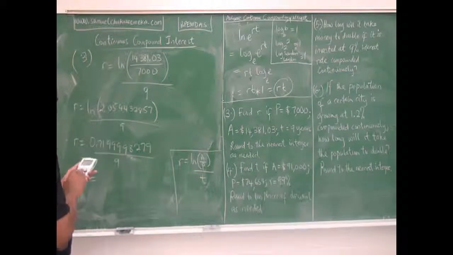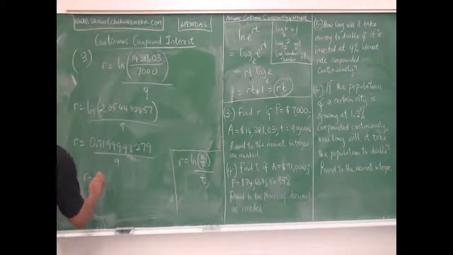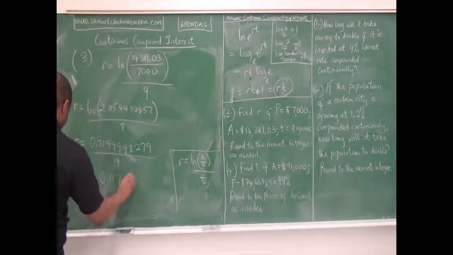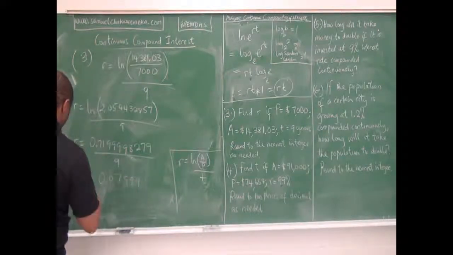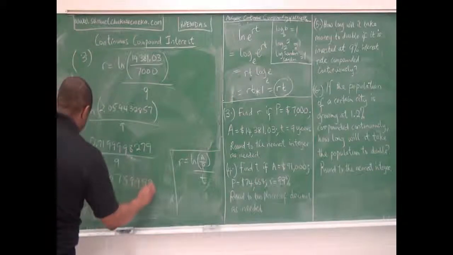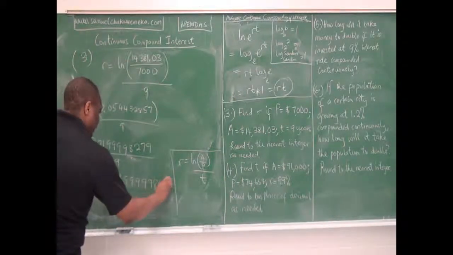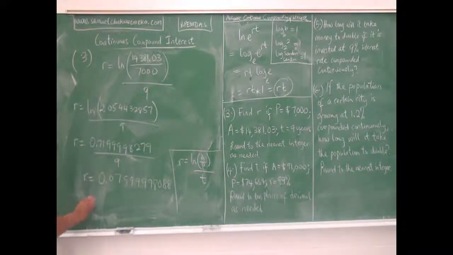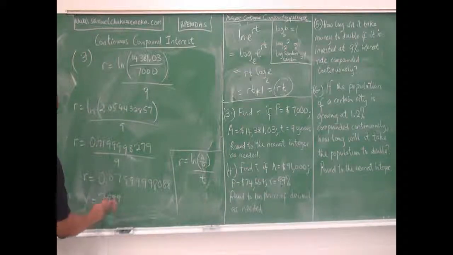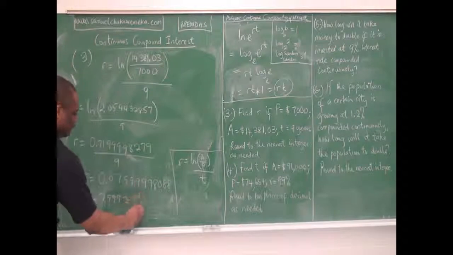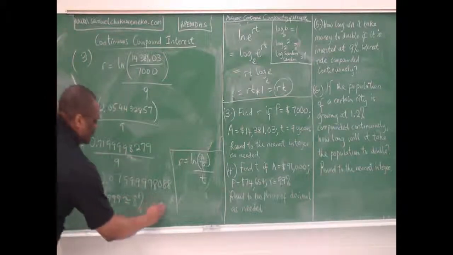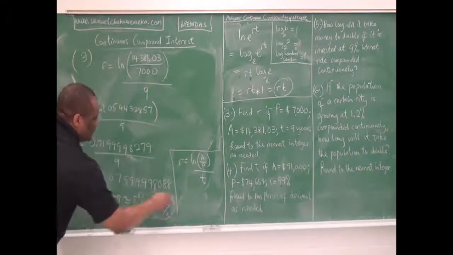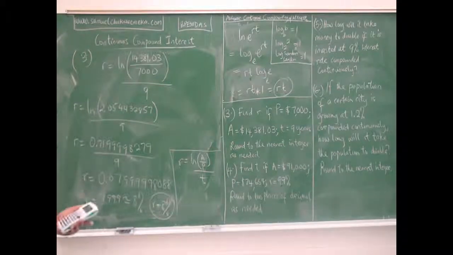Then divide by 9, which is 0.07999. Now multiply it by 100. It will be 7.9999. So approximately 8%. Okay, R is 8% because they say you should approximate it to the nearest integer.